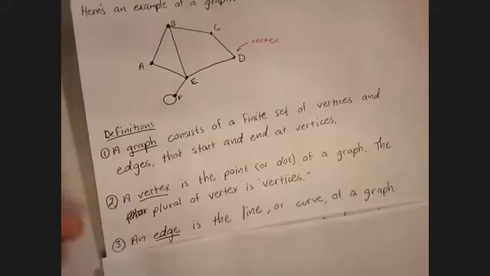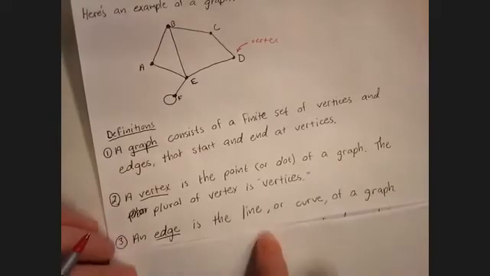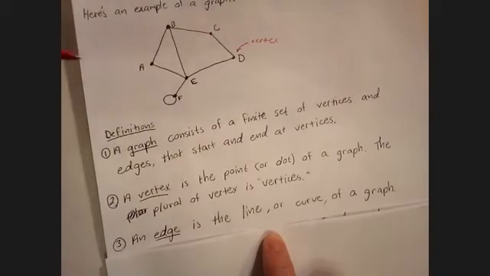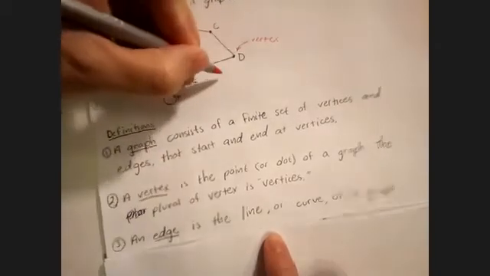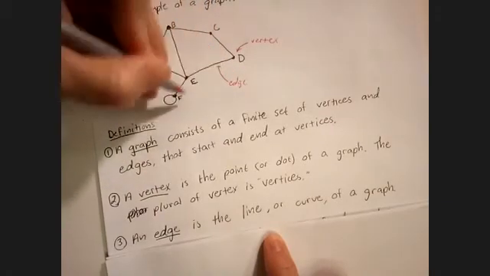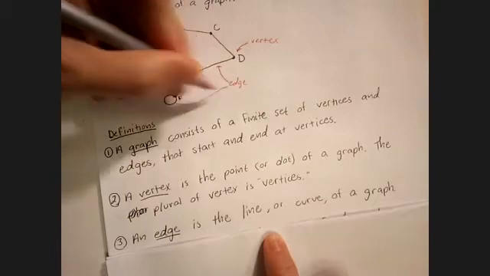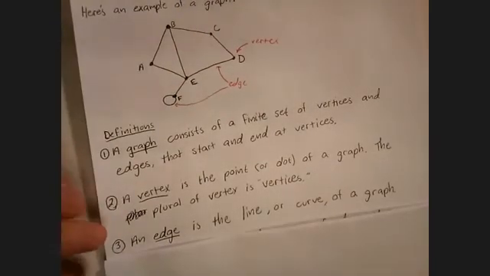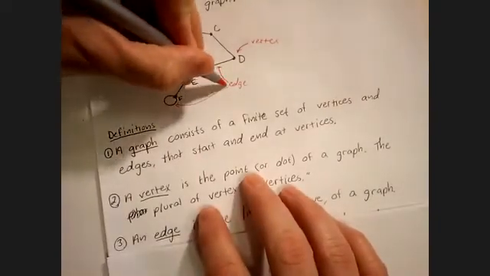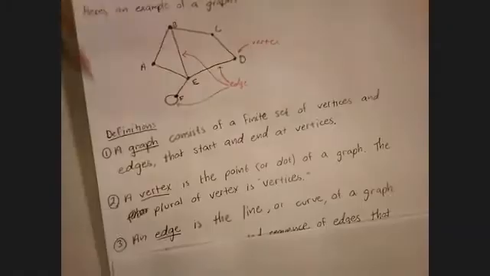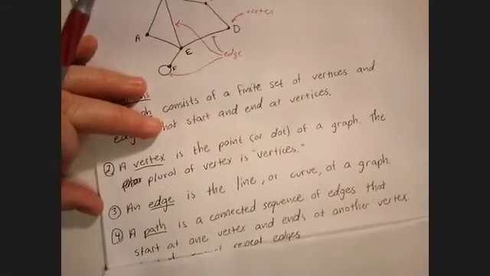An edge is the line or curve, so technically that's an edge of a graph. So this is an edge. This is an edge, and this thing also has another name, and we'll get to it. But those are examples of edges, and technically this is an edge too. These are all edges. There are more edges. All right.